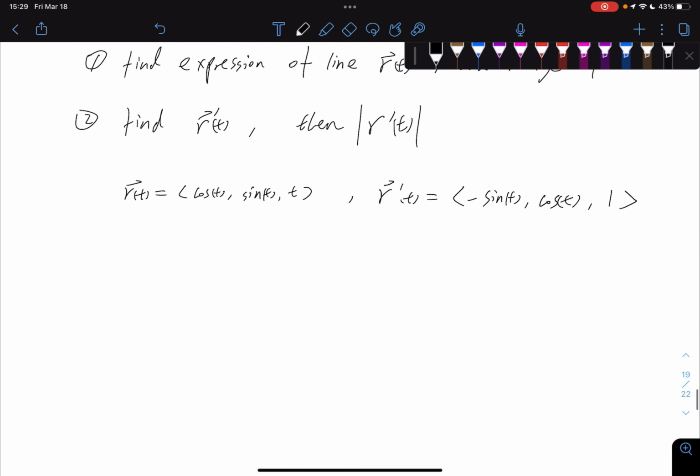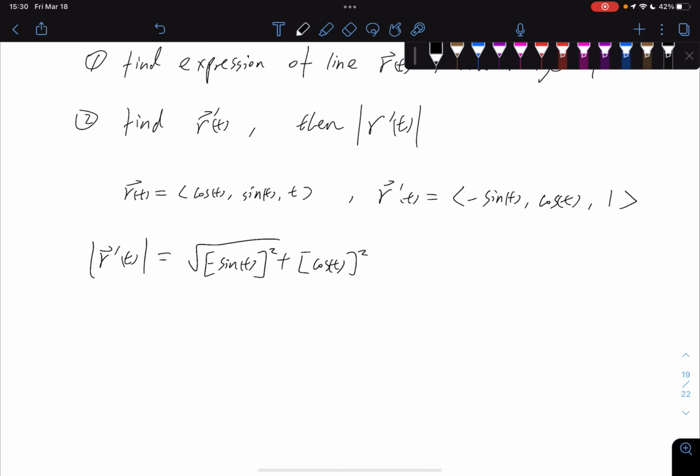And the magnitude of r prime of t equals the square root of negative sine t squared plus cosine t squared plus 1. So that's just 1 plus 1, which equals the square root of 2.